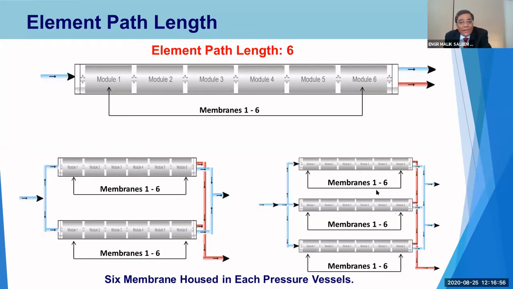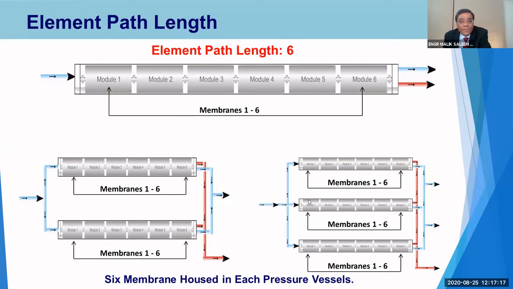And this is the third case you see on the right side at the bottom of your screen: even if we have 3 pressure vessels in the first stage, it will also give you a path length of 6. Now, how we can increase the path length and the recovery, we will come to on the next slides.